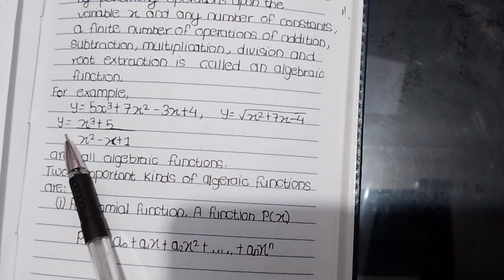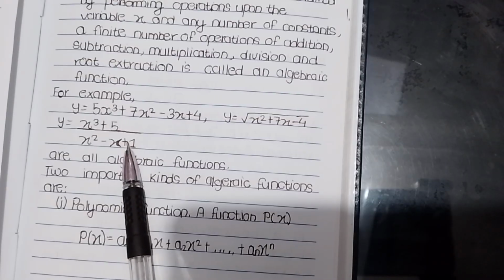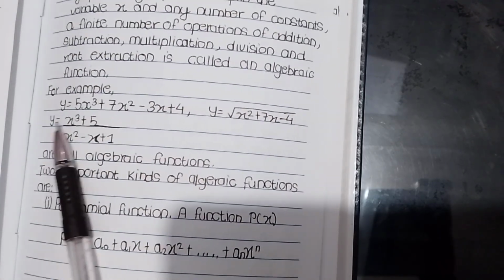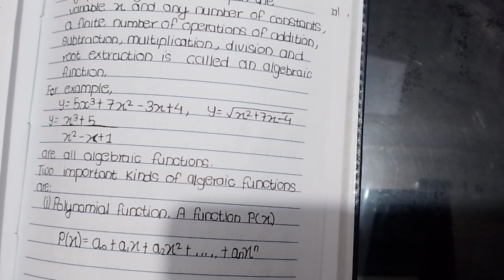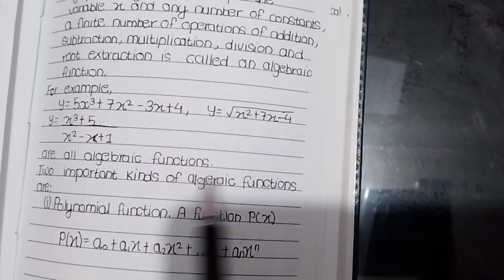And this type of function you have also seen in class 10. If you are a student of class 11 and 12, y = (x^3 + 5)/(x^2 - x + 1) is also a kind of algebraic function. Now you have to understand two important kinds of algebraic function.